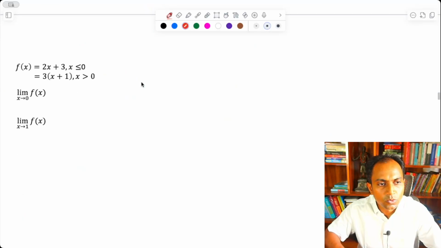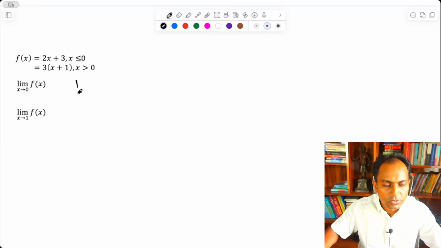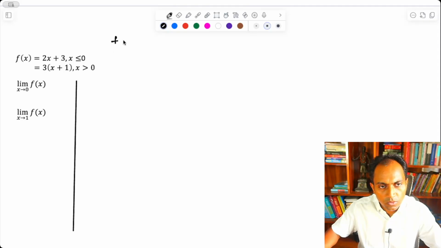Let us consider more questions. You can see that here the first thing they are asking is what happens at 0. So let us first try and figure out the answer corresponding to what happens at 0. If I am looking for the limiting value of this function at 0, I will have to find LHL.